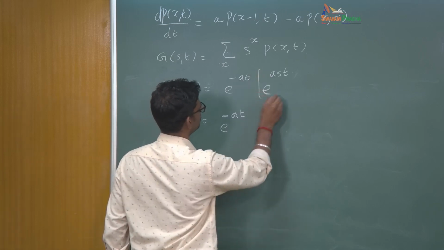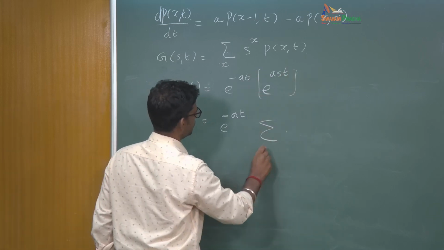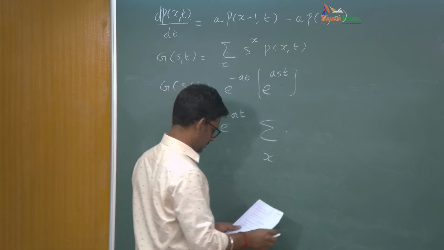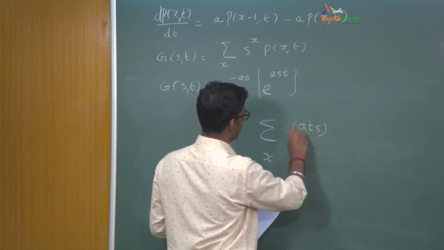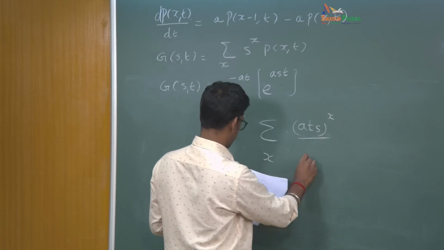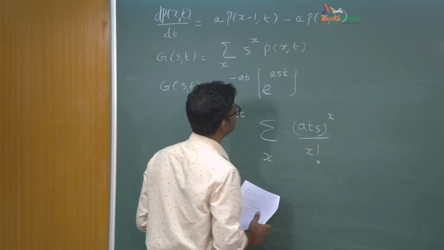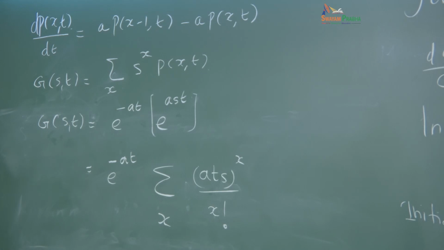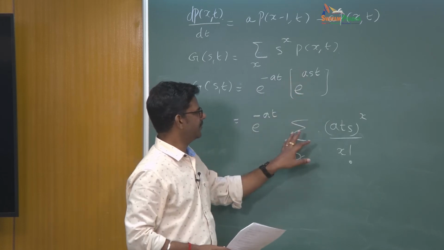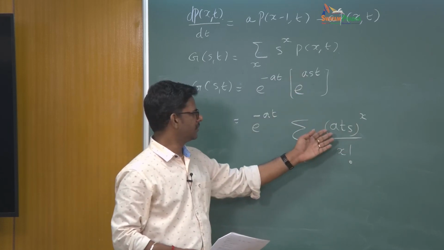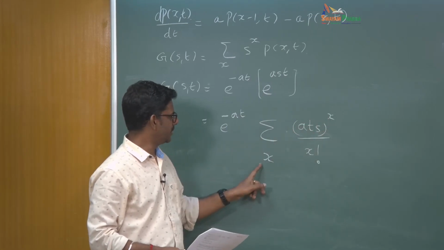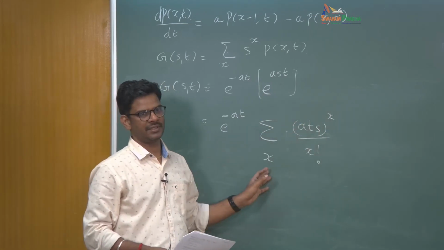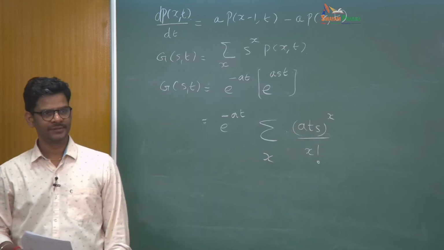And this term we can write as the sum of (ats) power x by x factorial. So this e power some function can be written as sum of terms like this, this exponent power x by x factorial, and x is an index that goes from 0 onwards.